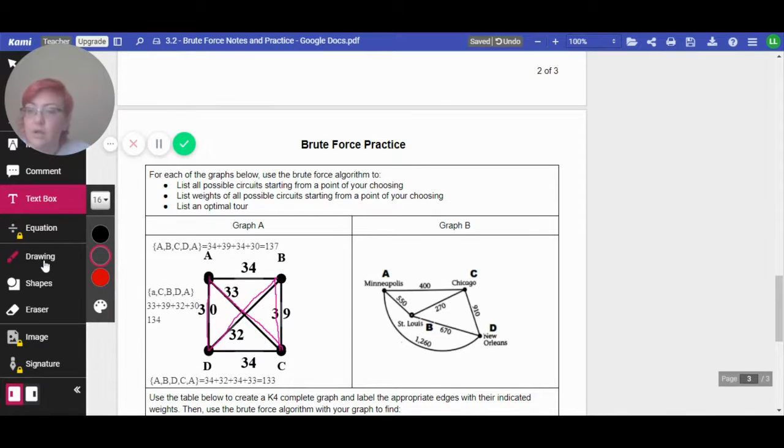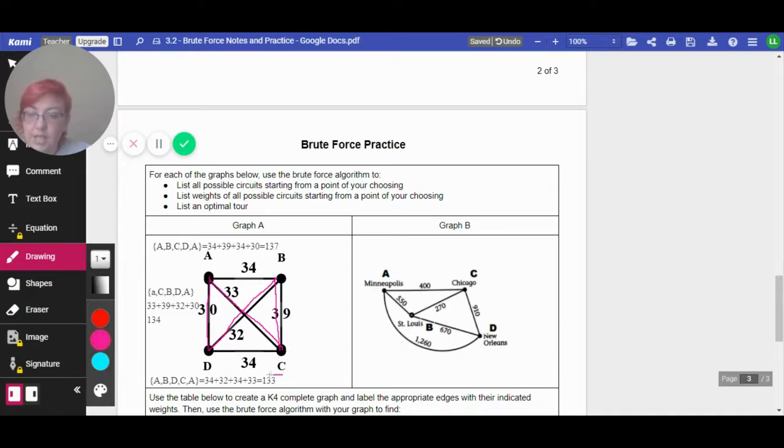So this one here, ABDCA or ACDBA, is my optimal tour.